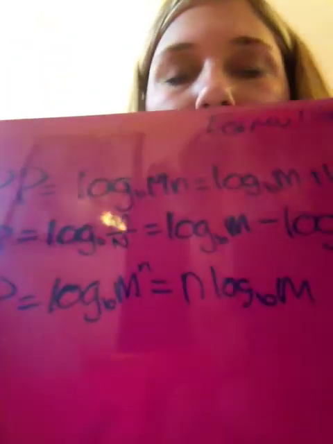Okay, now we're moving on to power property. These are all the properties. Okay, I said that wrong before. Product property, quotient property, and power property. So power property is log base b of M to the N equals N log, same base, of M. So it looks like this last third one right there.